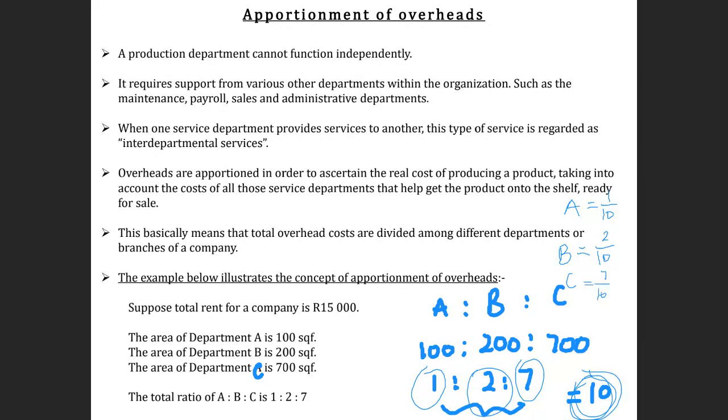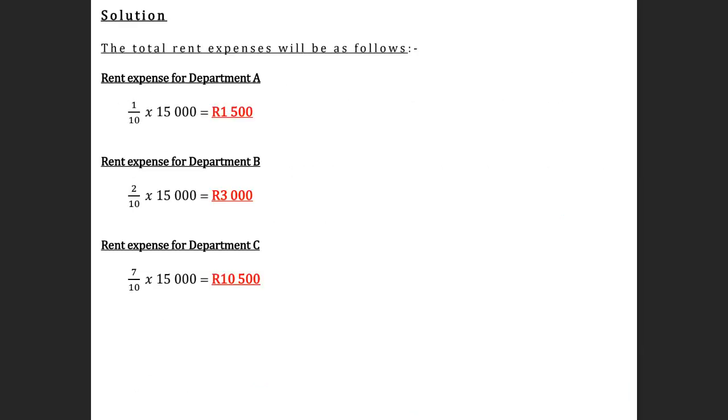Once you have that fraction now, you're going to simply multiply each fraction by the total amount of 15,000 Rand that needs to be split up across the different departments. So this is then saying to you on the next page that 1,500 Rand out of the total 15,000 Rand rent is going to be paid for by Department A. Department B is going to pay for 3,000 out of the total 15,000 Rand rent.